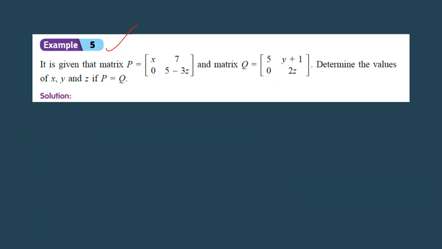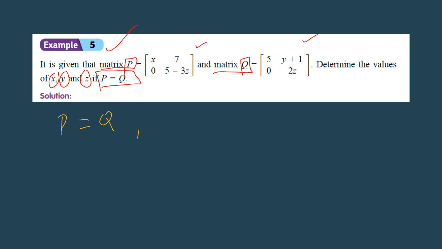Okay, next example 5. Given matrix P, this one, and matrix Q, this one, determine the values of X, Y, and Z if P is equal to Q. If P is equal to Q, that means each corresponding element must be equal.